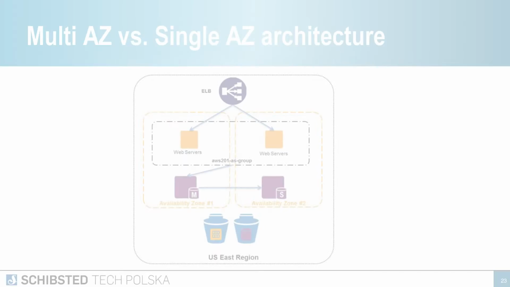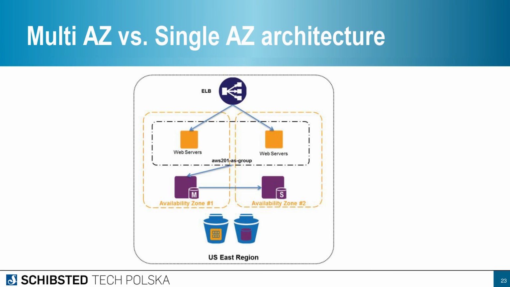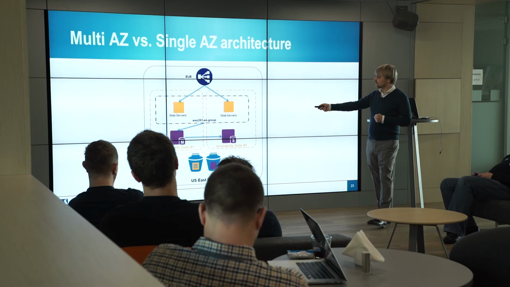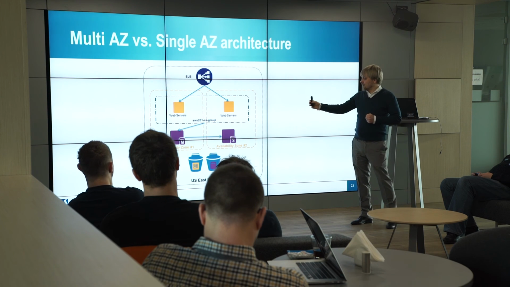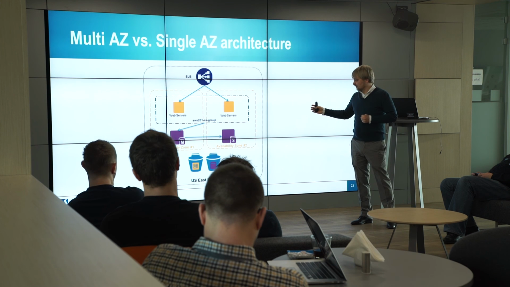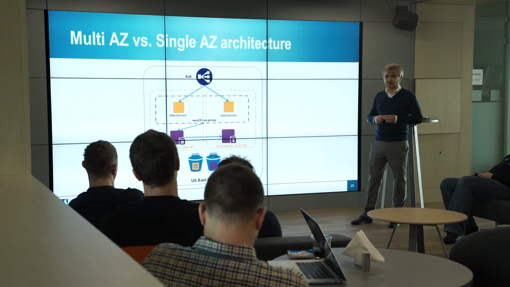So this is just a picture showing multi-availability zone deployment. We have two servers in two different availability zones. We have a database, with a read-write replica in one availability zone and a read replica in the second. When availability zone 1 goes down, Amazon automatically switches the zone 2 read replica to read-write.